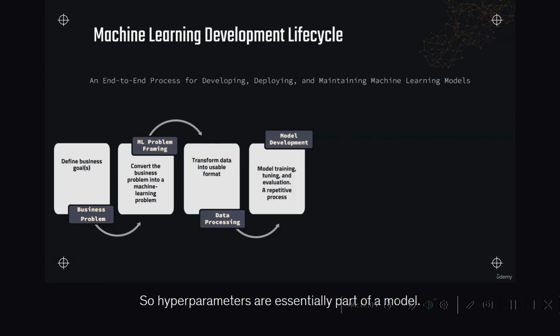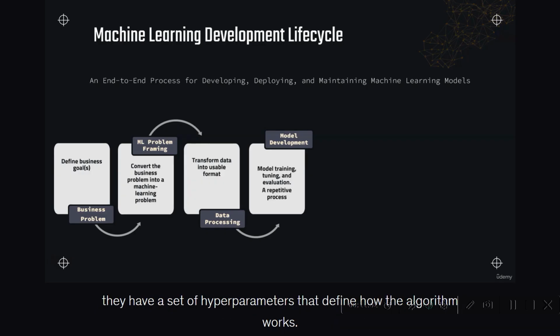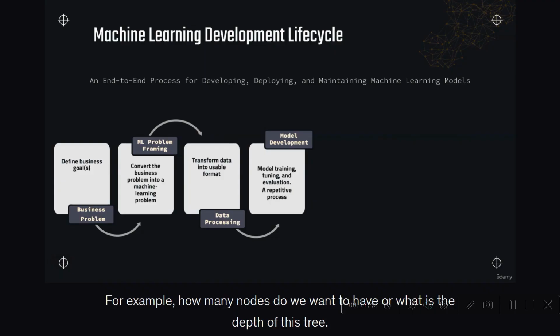So hyperparameters are essentially part of a model. So depending on what type of model or what type of algorithms we are using, all of those algorithms, they have a set of hyperparameters that define how the algorithm works. For example, we have a decision tree. With this decision tree, we can set some limits. For example, how many nodes do we want to have, or what is the depth of this tree?